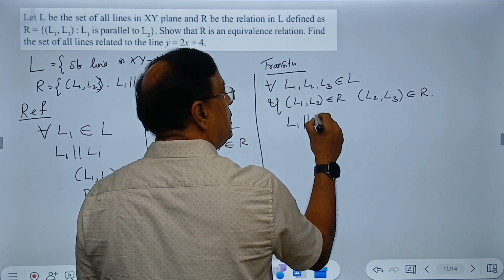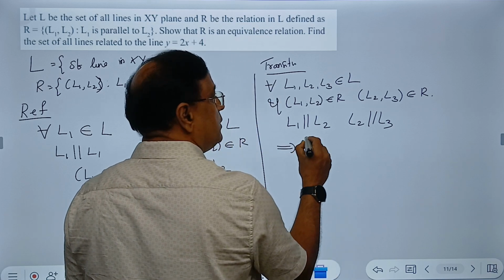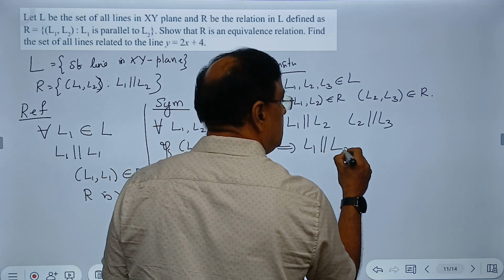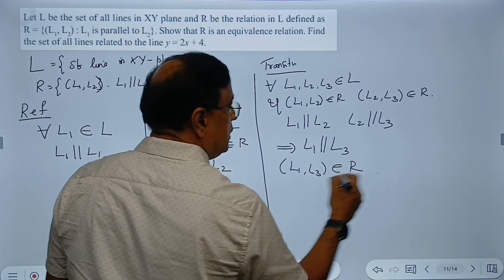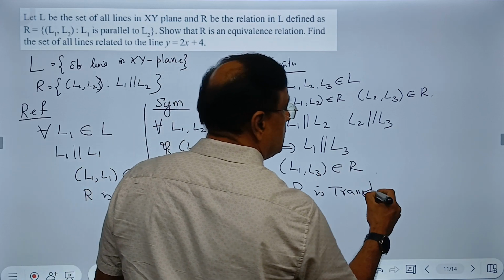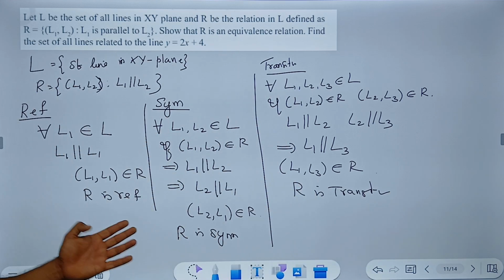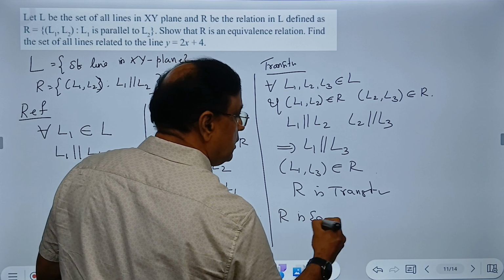L1 is parallel to L2, L2 is parallel to L3. This implies L1 is parallel to L3, which means (L1, L3) belongs to R. Therefore, what type of relation is R? R is transitive. So you have proved that R is reflexive, symmetric and transitive. So what type of relation is R? R is an equivalence relation.